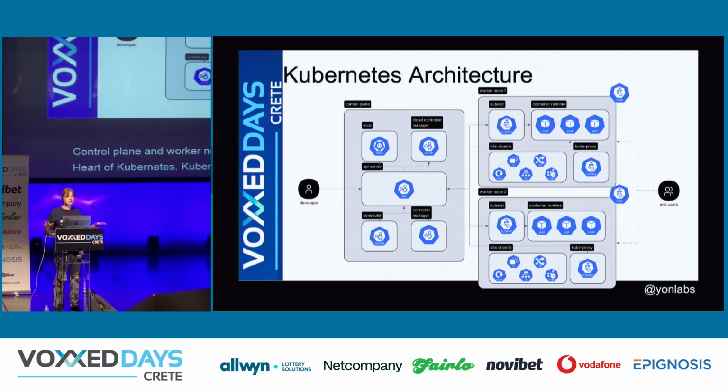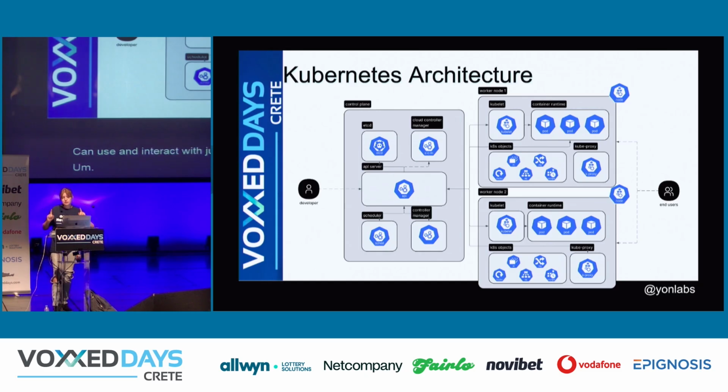It manages the entire cluster. Here we have several components like API server. API server exposes this API which you as developer can use and interact with just to create, deploy, or update your resources.